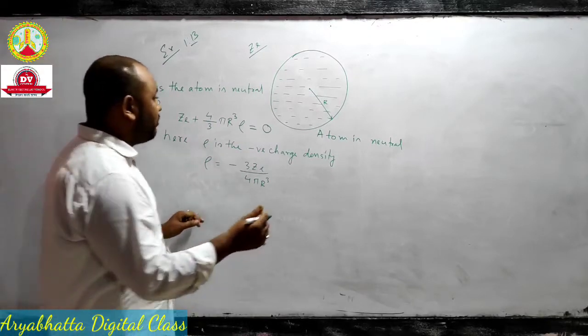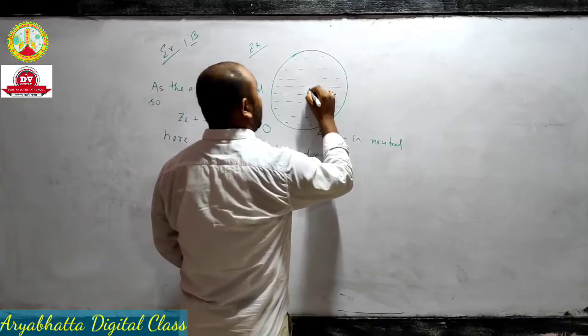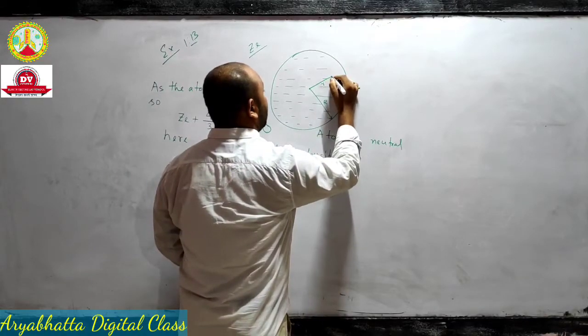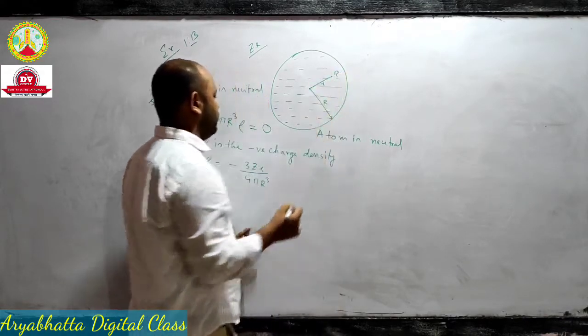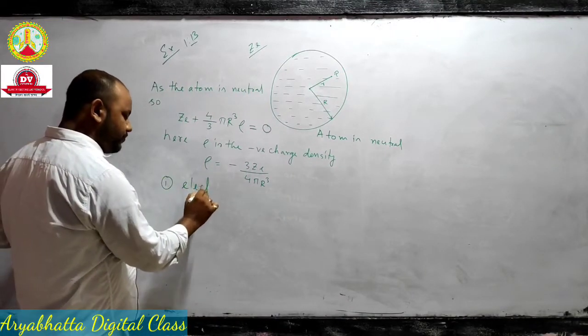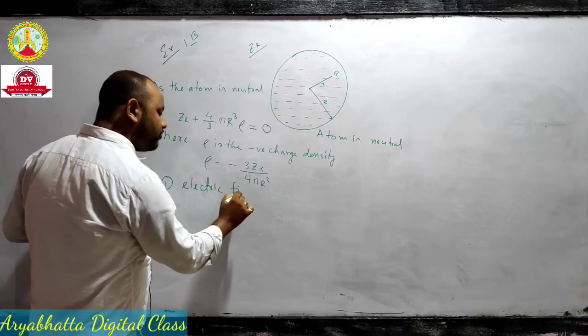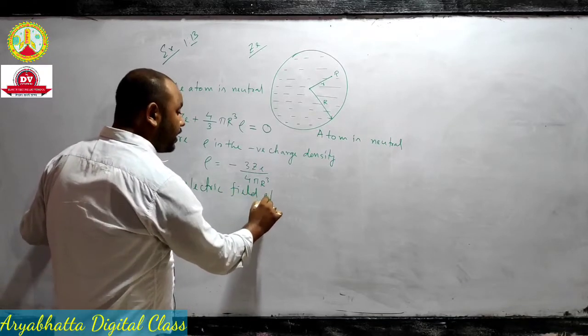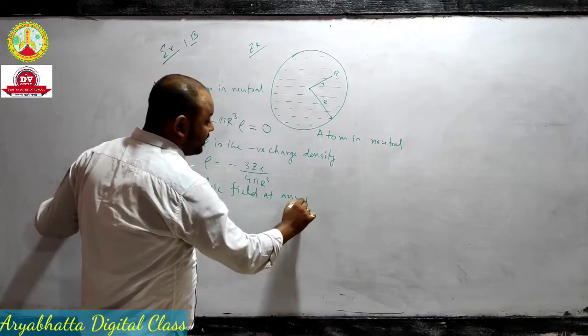Let us find the electric field at a distance r. Suppose P is any point at a distance r. Number one, electric field at any inside point.